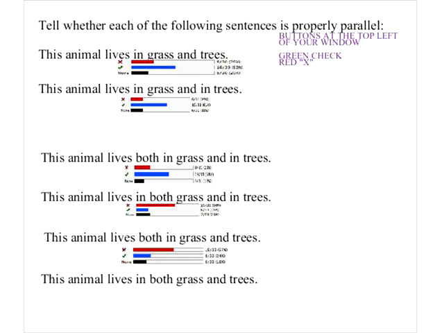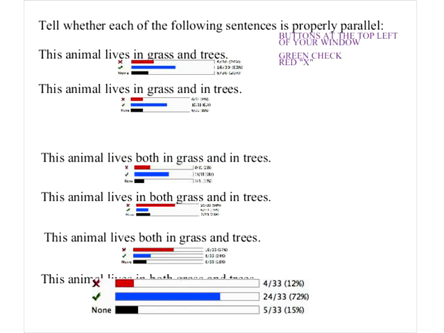Okay, almost done here. Let's give you one more, two more seconds if you need it. And okay, here are your statistics results. This one overwhelmingly you guys liked.